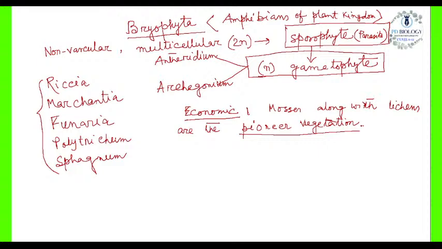Mosses form dense mats on the soil and that helps to prevent soil erosion.